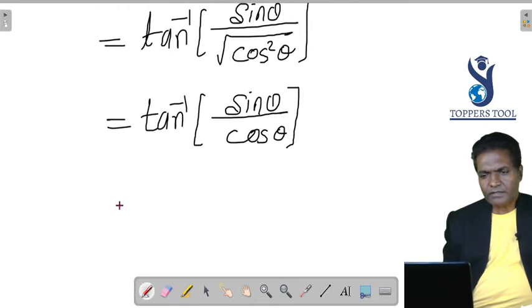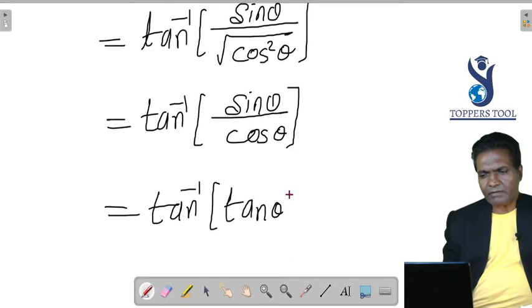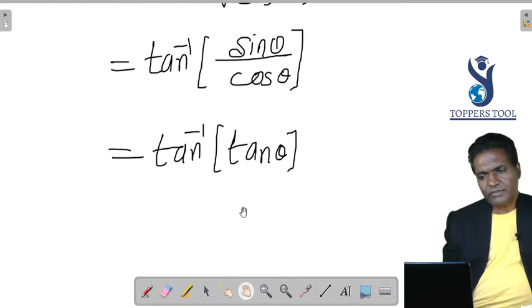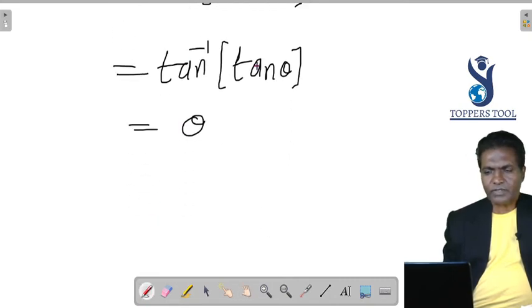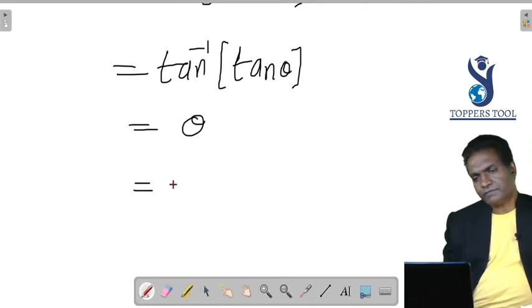Okay, so now tan inverse of sine by cos means tan theta. Sine theta by cos theta is tan theta. So tan inverse of tan you can write theta. Okay, so tan inverse of tan theta is just theta, and whatever your theta you replace.